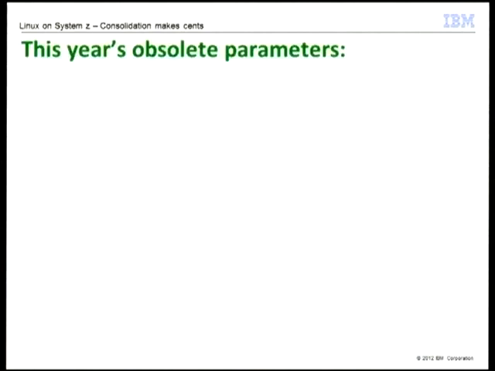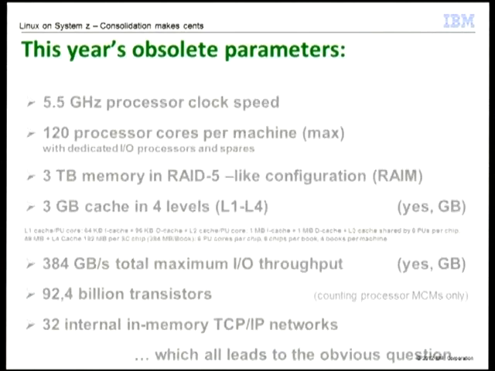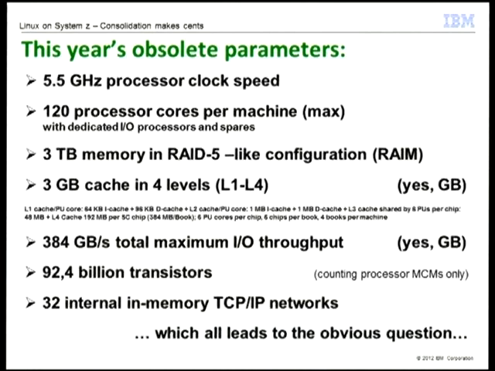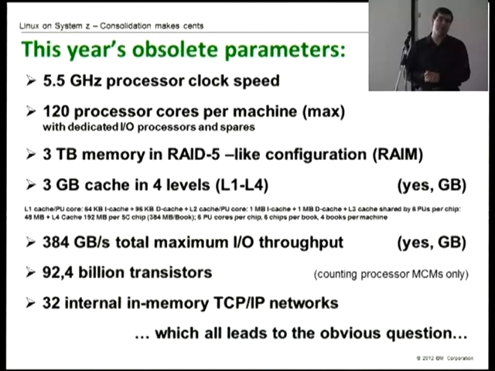So this year's obsolete parameters, just for your interest, are 5.5 gigahertz clock speed, which to my knowledge is the biggest one commercially available without some special stuff like nitrous oxide cooling and things like that.